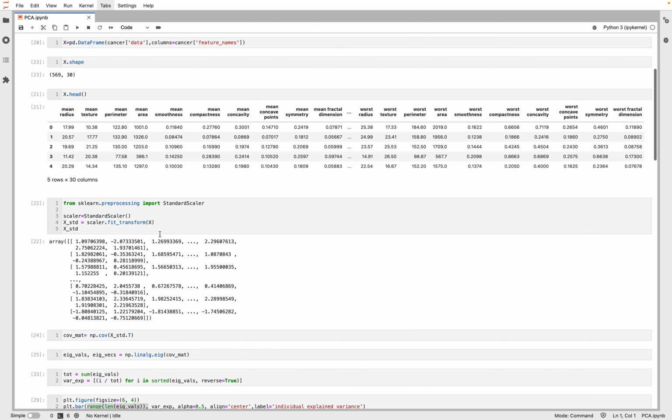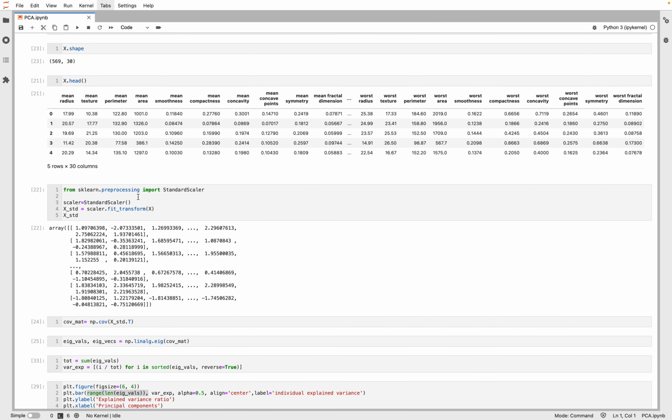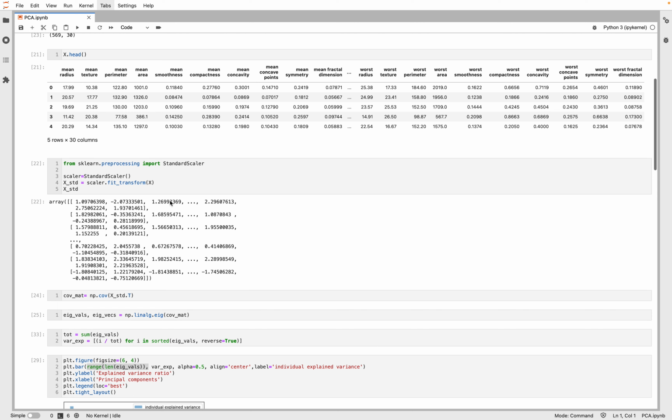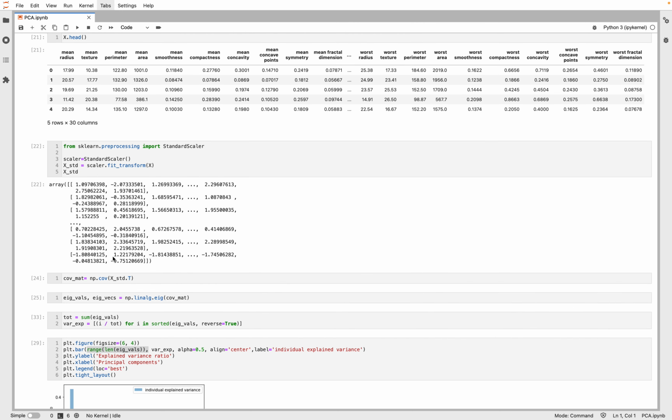Next, we need to normalize the data, as one of the underlying assumptions of PCA is that the data is Gaussian distributed. So we use the StandardScaler from Scikit-Learn to normalize the data. And this is the data after normalization.